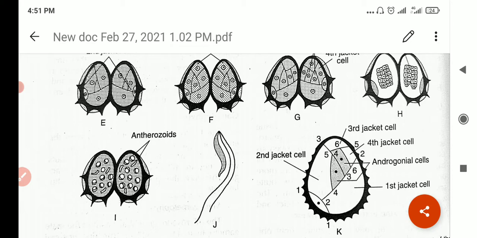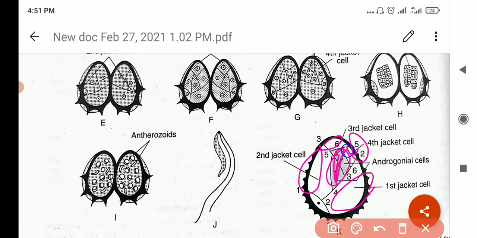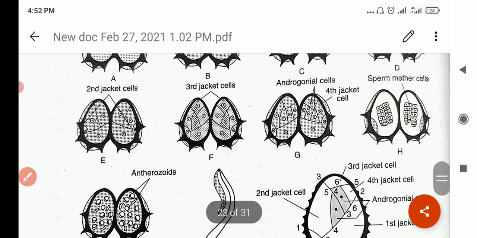This is the first jacket cell, then the second jacket cell, then the third, then the fourth jacket cell. In the middle, these are the androgonial cells. The androgonial cell will give rise to the spore mother cell, which will give rise to the antherozoids via meiosis.